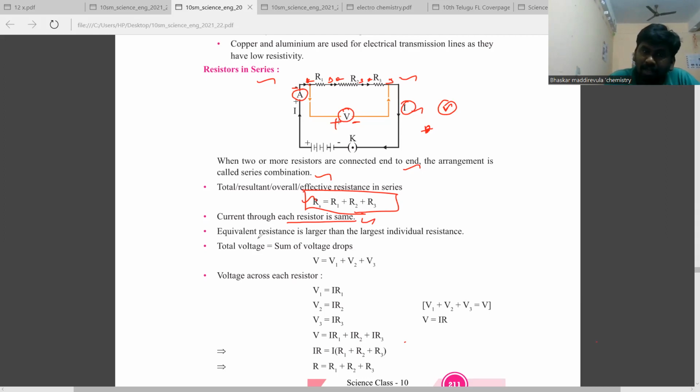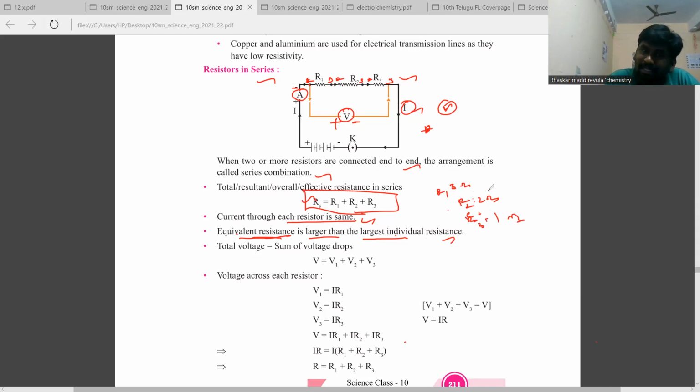Keep in mind that the equivalent resistance, which means the resultant resistance, is always larger than the largest individual resistance. For example, R1 equals 3 ohms, R2 equals 2 ohms, and R3 equals 1 ohm.